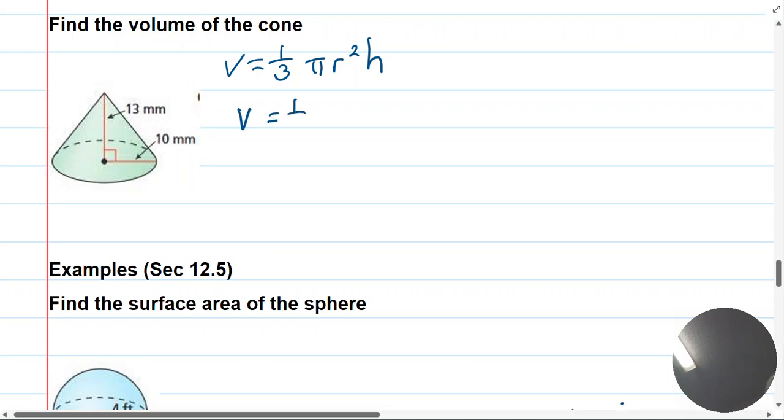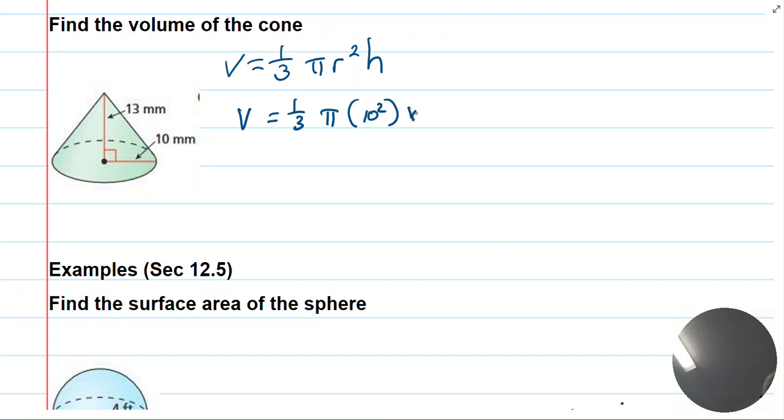All right, so I know this one is 100 times 13. So my volume is going to be 1300 over 3 pi, and this is in millimeters cubed.